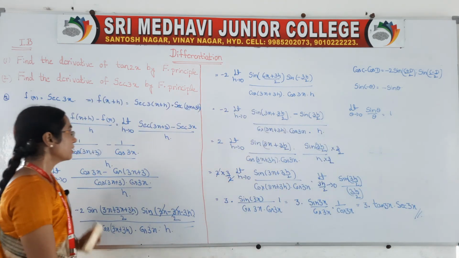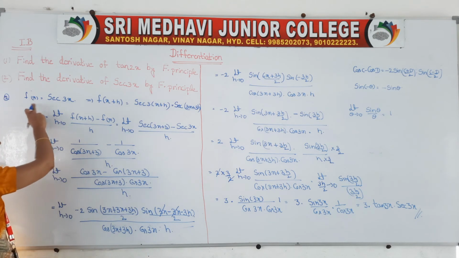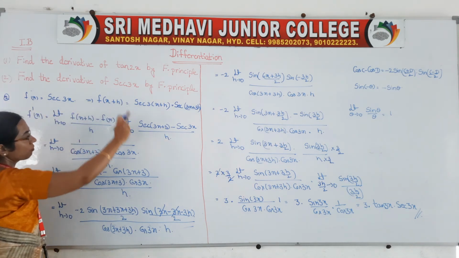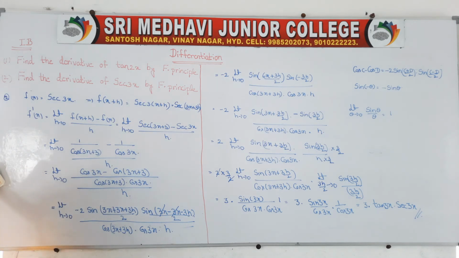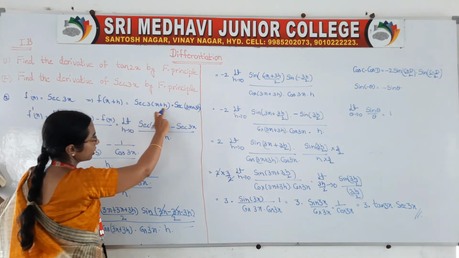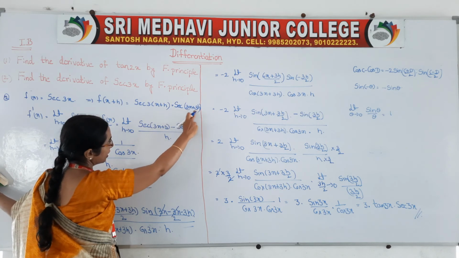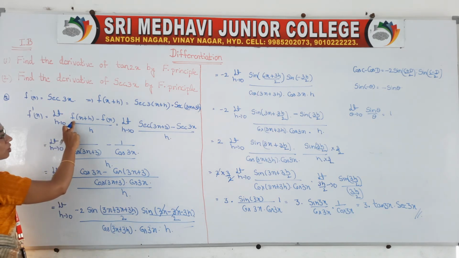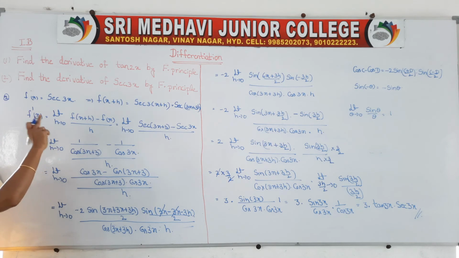So once again, the given function is f of x is equal to secant 3x. Then you find f of x plus h, that is secant 3 into x plus h, that is secant 3x plus 3h. So now find f dash x: limit h tends to 0, f of x plus h minus f of x by h.